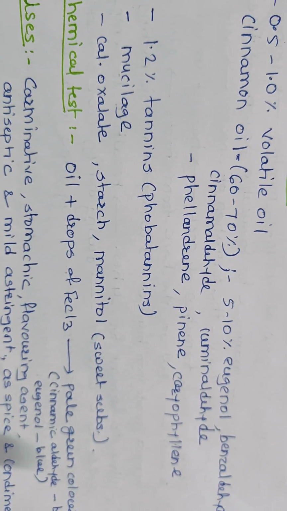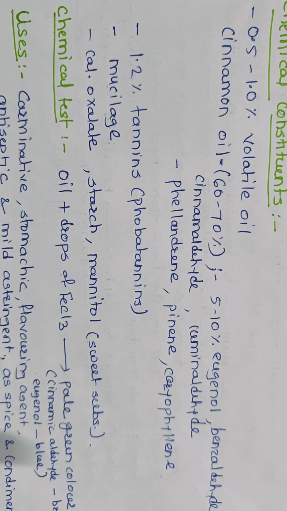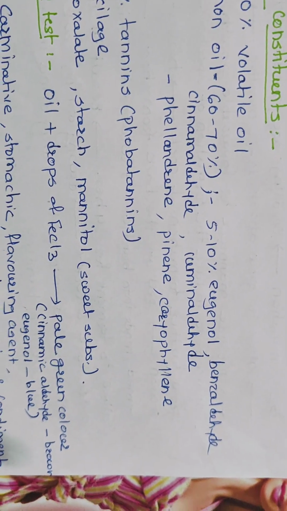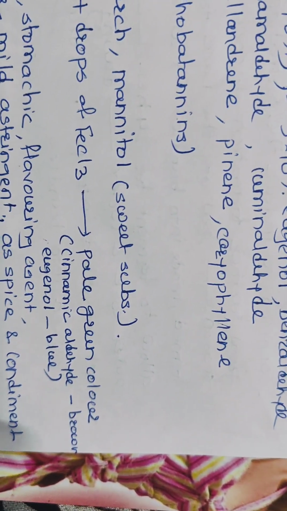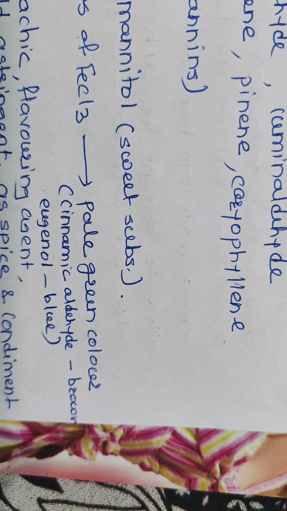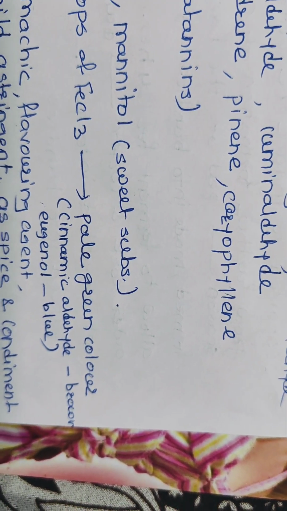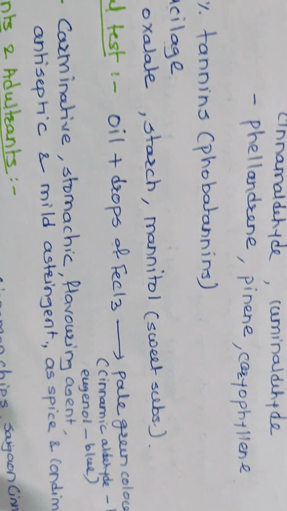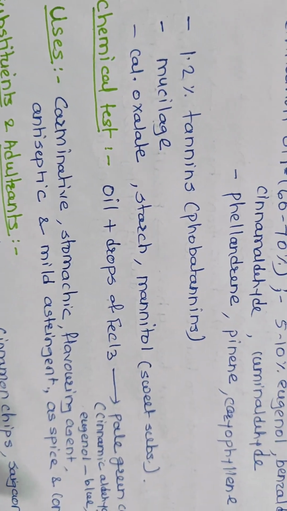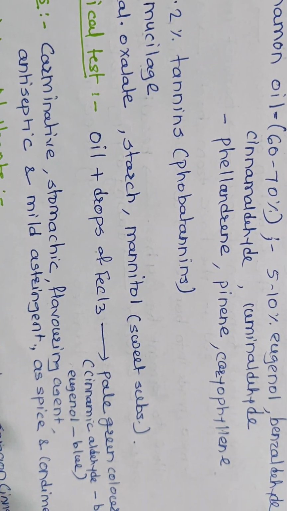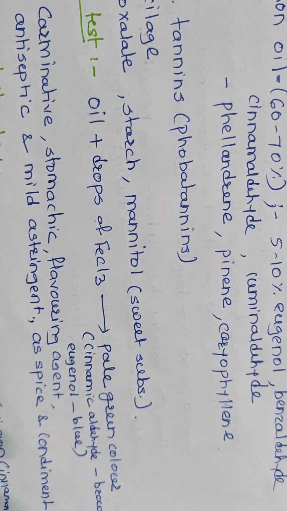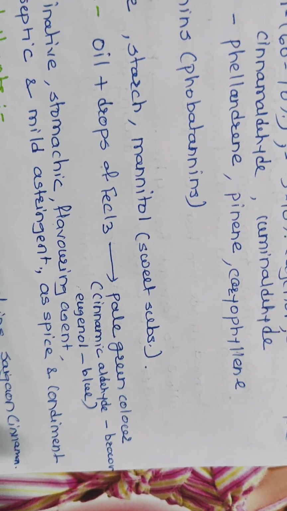Next is the chemical test. Volatile oil plus a few drops of FeCl3 shows a pale green color. Why pale green? Because cinnamic aldehyde shows a brown color and eugenol shows a blue color, so the resultant color is pale green. Then uses: it is used as a carminative, stomachic, flavoring agent, antiseptic and mild astringent, as a spice and condiment.